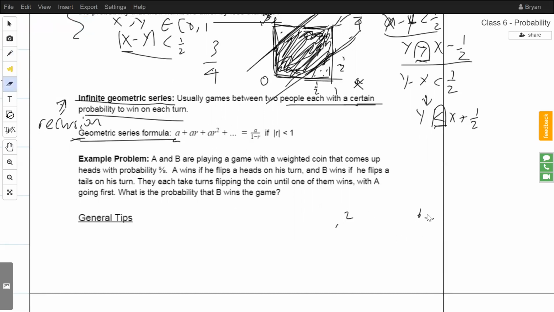And basically, this formula says that if we have a geometric series with first term A and the common ratio R, then we can find the sum as it approaches infinity is equal to A over 1 minus R, if the absolute value of R is less than 1. It only works if the absolute value of R is less than 1, because if R is greater than 1, then this sequence is just going to get larger and larger, and will go to infinity instead.